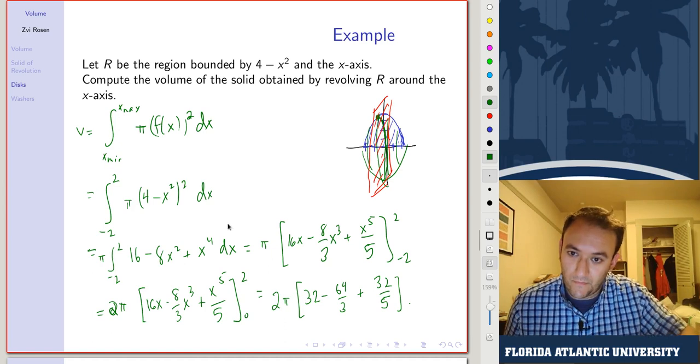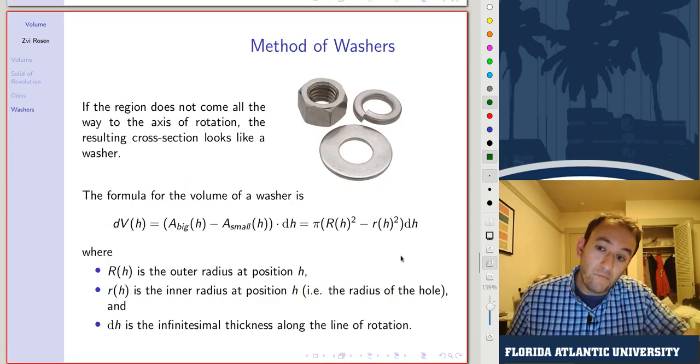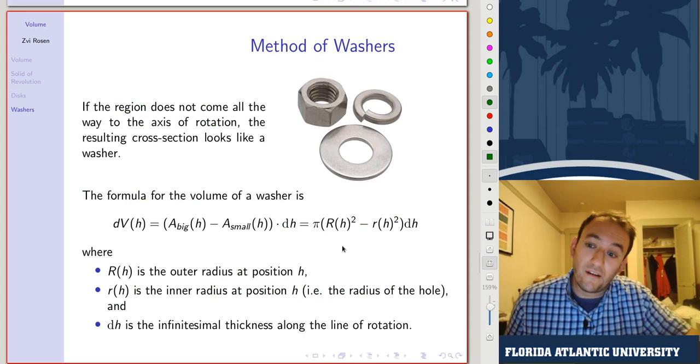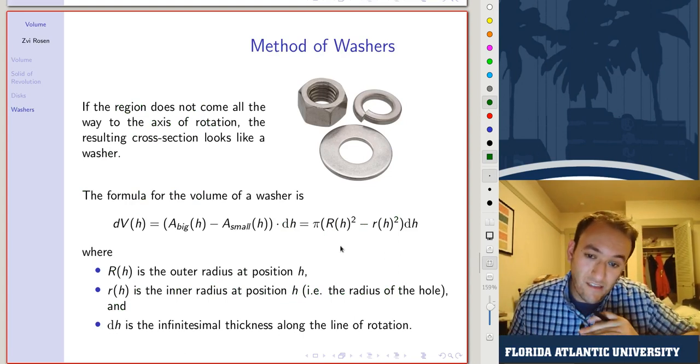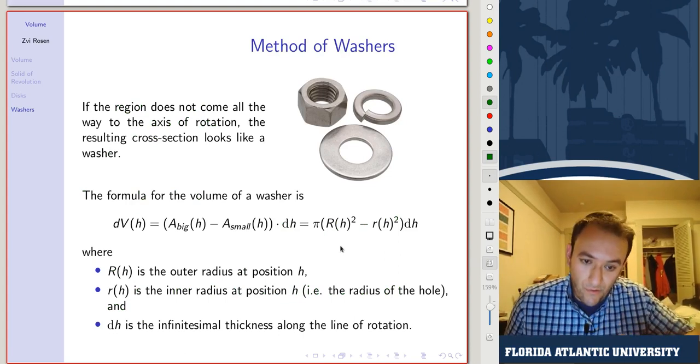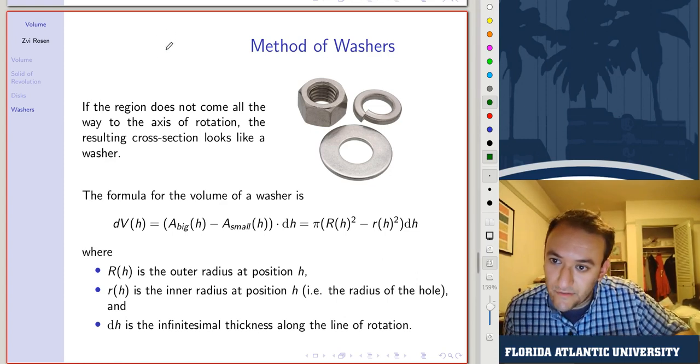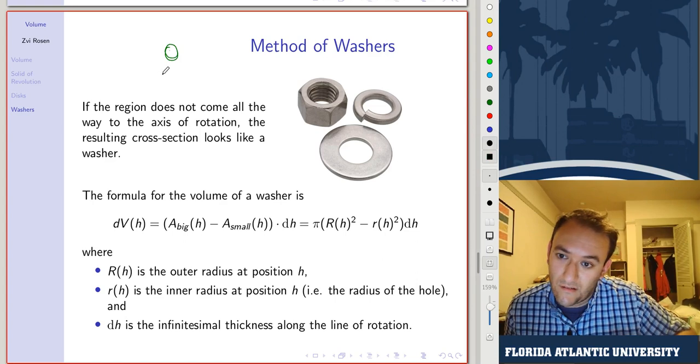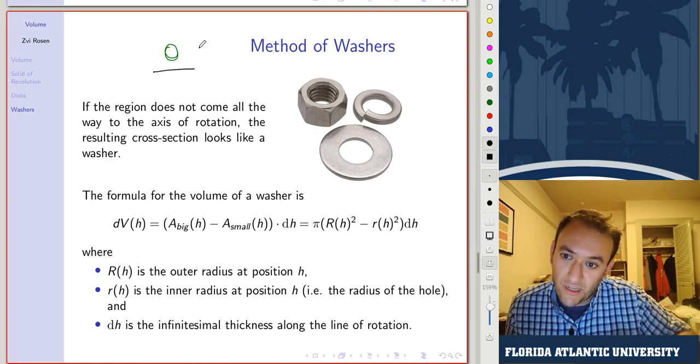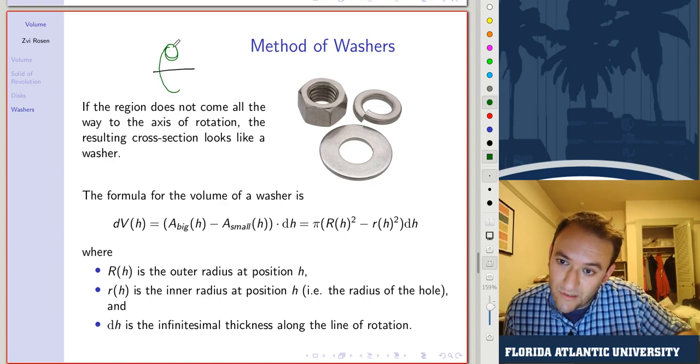Okay, but now we're going to use the method of washers, where the region is not touching the axis of rotation. So what happens looks kind of like this. You've got some region here, some axis of rotation here, and when you spin it around, you get these holes. Right?